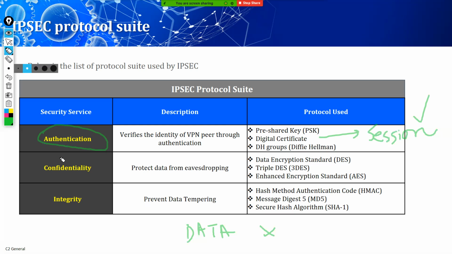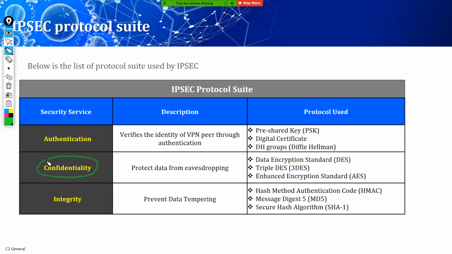The next is confidentiality. Confidentiality is encryption. For example, if we write "plain" and send it to the other end in the form of plain text, anyone who is spying on the data that I'm sending to the far end will be able to read it.